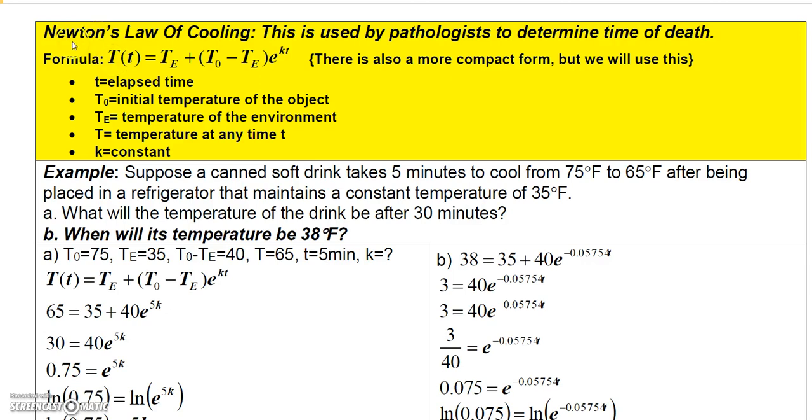Okay, I'm going to show you this because I think it's very interesting, but I'll start you off with a simple example. Newton's law of cooling basically says the following.